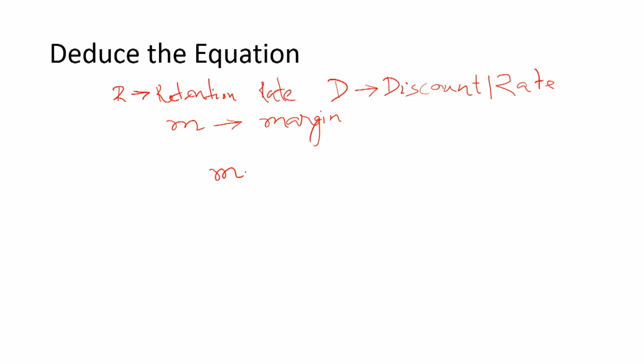Now, in the next year, whether we will be able to generate the same value or not? The answer is no, because let us say if I can generate a value of M in year 0, then in the first year, all the customers will not remain with me, only R percentage of the customers will remain with me.